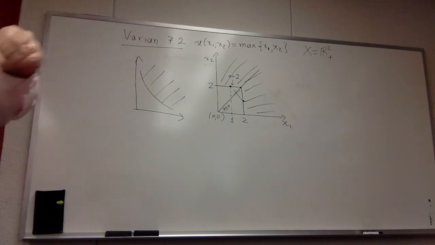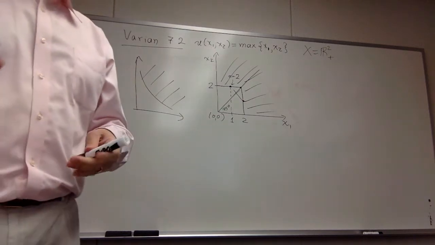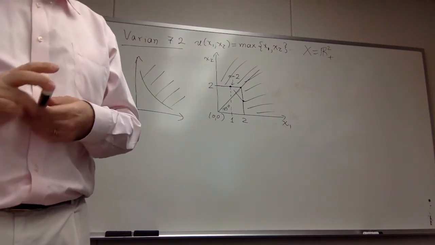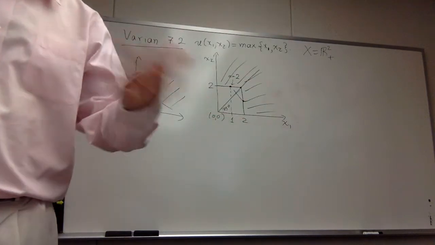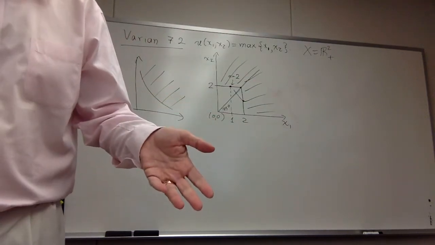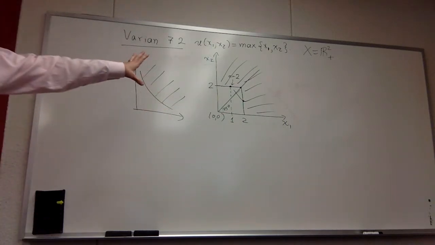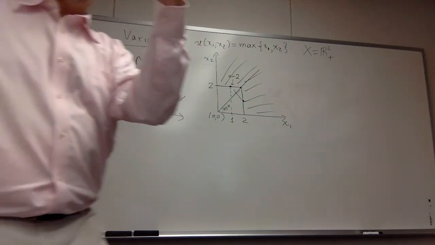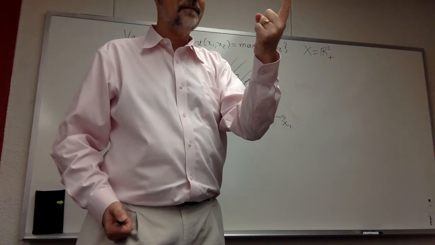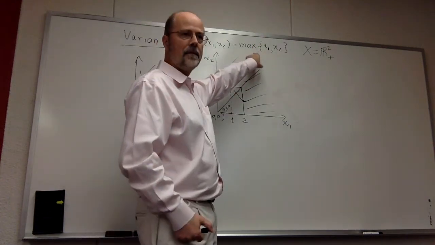Why do we care about the upper contour set being a convex set? Because it satisfies the second order conditions for maximization, and from our first order conditions we're going to get a maximum given the constraint. Well, we already know that there is one reason that we cannot do the Lagrangian, and that is this is not differentiable.